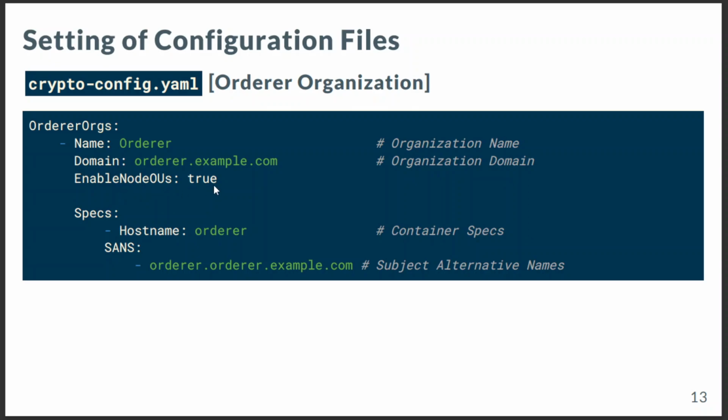And enable node OUs true, of course, because we have to enable the membership service provider. Then for specs, we set the hostname orderer. Finally, the SANS: you see the complete domain to communicate with will be orderer.orderer.example.com. This is the actual domain where the orderers will belong, and this is the default: orderer dot the domain.